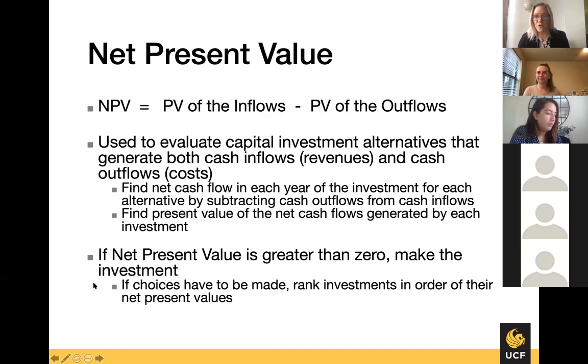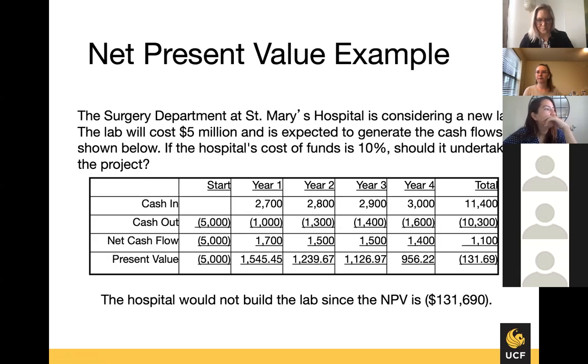And if you have to choose among multiple alternatives, it's usually advisable to rank the alternatives in order of their net present values so that you can make the decision that has the greatest ratio of net present values among all of your choices.